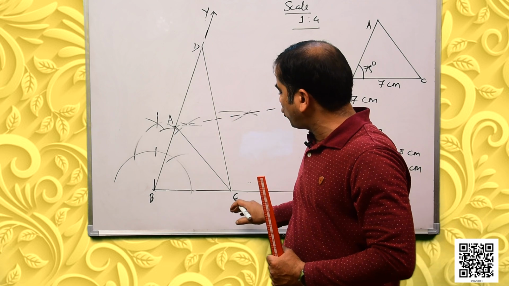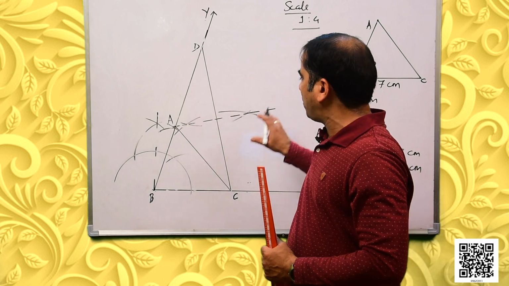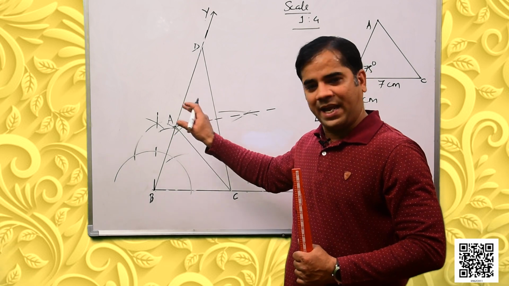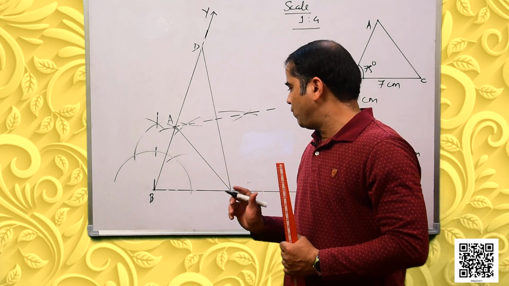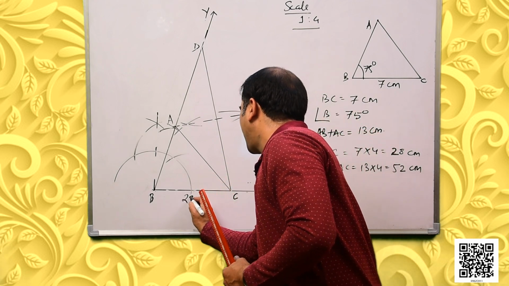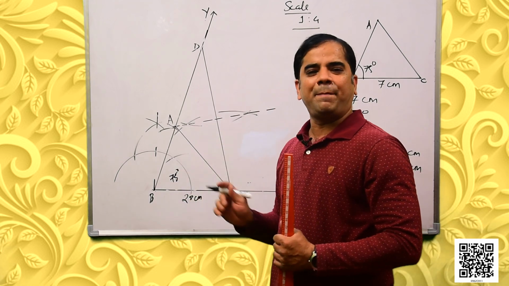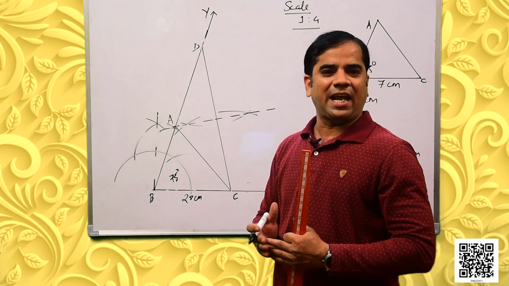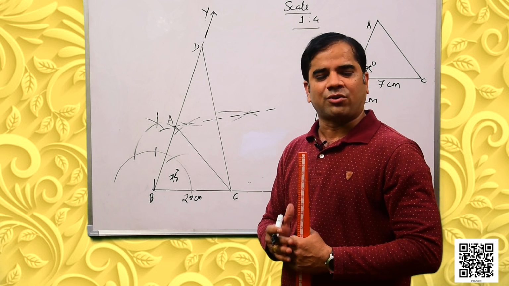Then we have joined DC and constructed the perpendicular bisector of CD that meets BD at A. In that way we got the vertex A. After joining A and C, we have got the triangle ABC in which BC is equal to 7 centimeters in your case, but 28 centimeters in my case. Angle B is 75 degrees and AB plus AC is equal to 13 centimeters in your case, but in my case, as I have taken the scale as 1:4, it is 52 centimeters. Hope you understand the steps to construct the triangle.